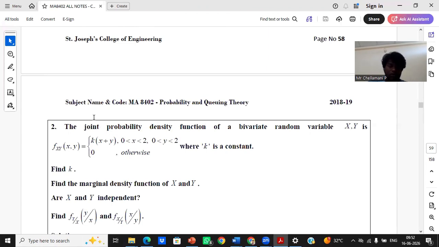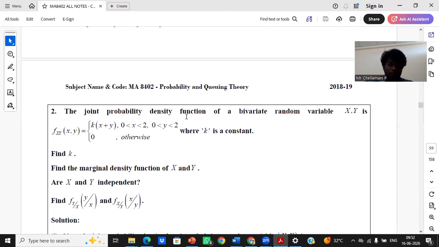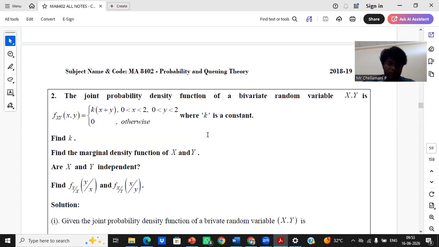Problem number 2: the joint probability density function of a bivariate random variable x, y is f of x, y is equal to k of x plus y. The limits are 0 to 2 and 0 to 2, where k is a constant.